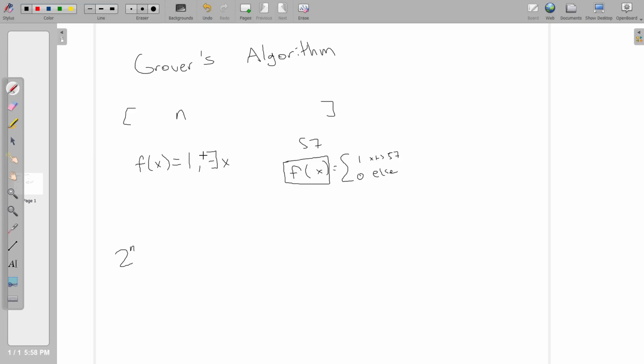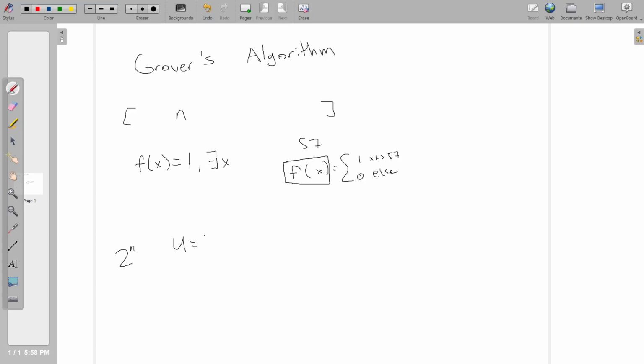Now, how you design this oracle is a whole challenge. What this oracle can do is a whole other thing. But all this oracle does, from a quantum computing point of view, is it's a unitary operation, obviously, since it's quantum computing we're talking about.